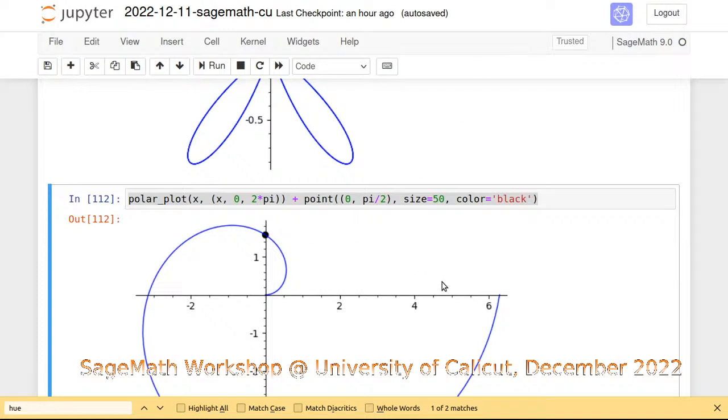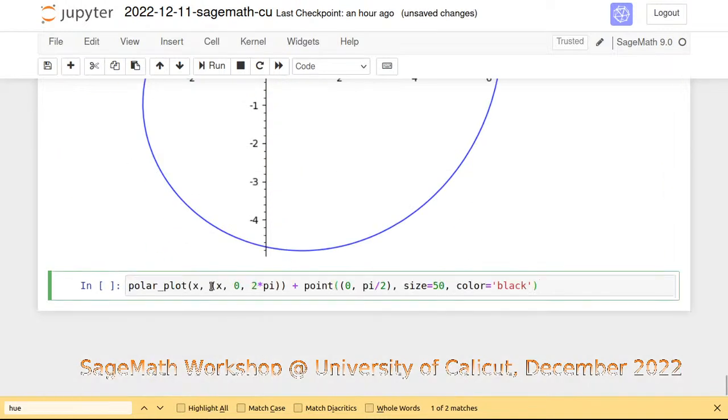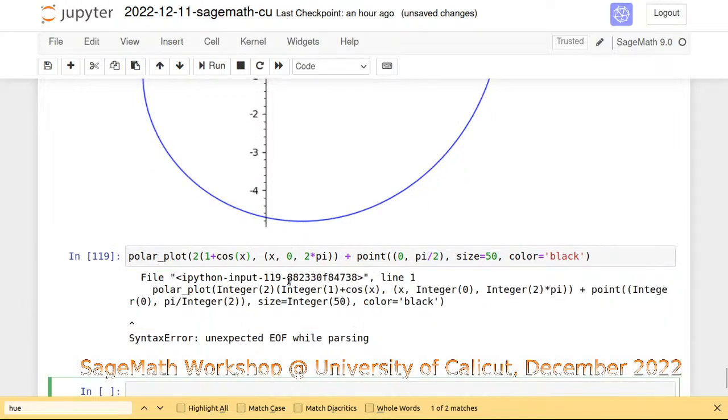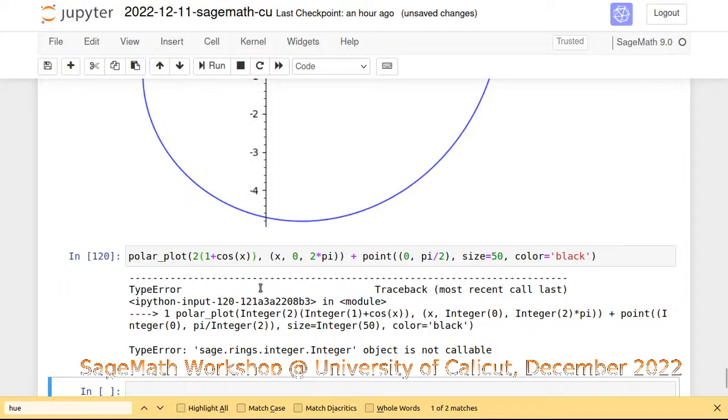Let's try to see 2 into 1 plus cos x. Oh, sorry.